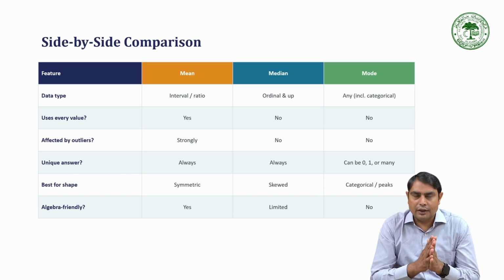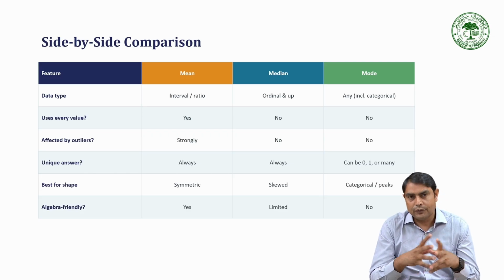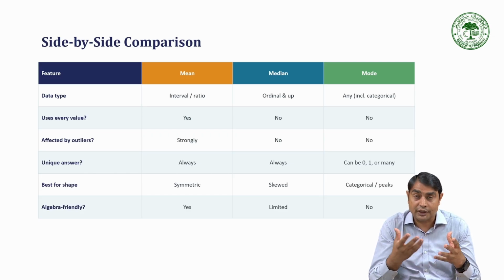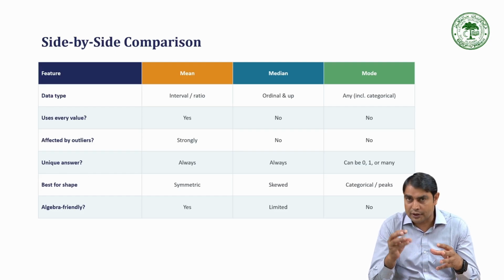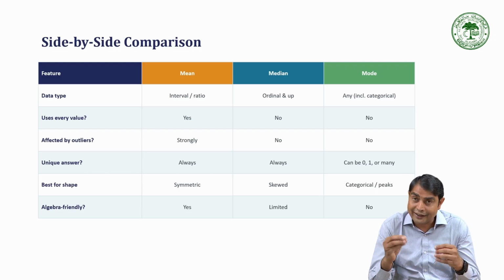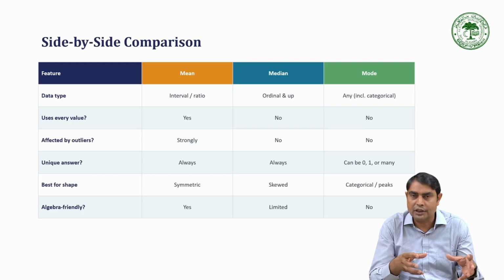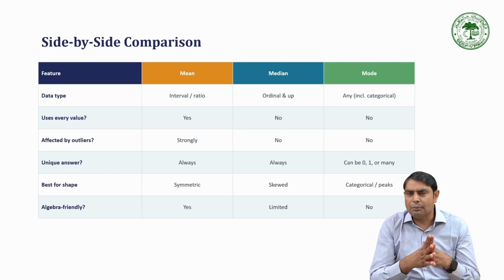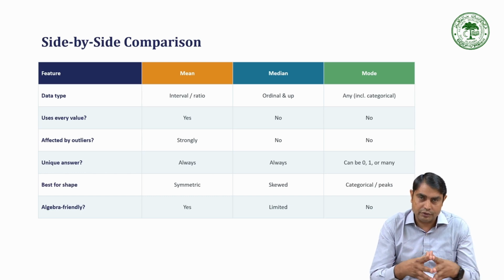Coming to the last part of this comparison, which is algebra friendly. Mean is algebra friendly, obviously, because it carries all the mathematical properties. Median has limited algebraic properties because it is not taking mathematical properties into consideration. Rather, it is concerned with relative valuation, and mode is not at all suitable for algebraic calculations, right?